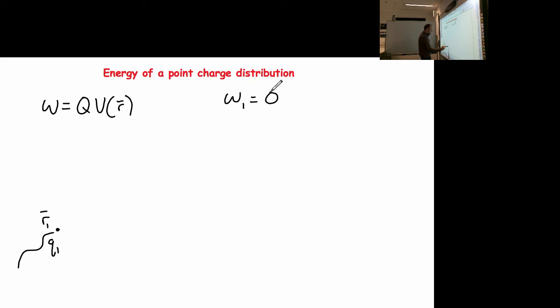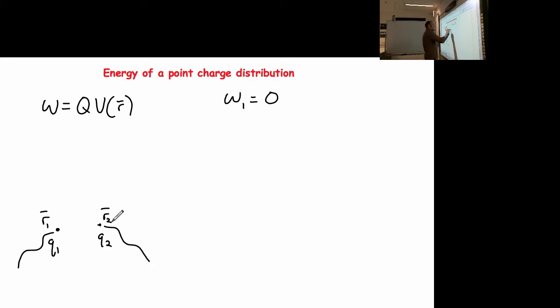Now let's bring in another point charge, which is going to be Q2, and it's going to be at some position given by R2. So how much work will be done on the point charge Q2? Well, that is going to depend on the potential of the point charge Q1.